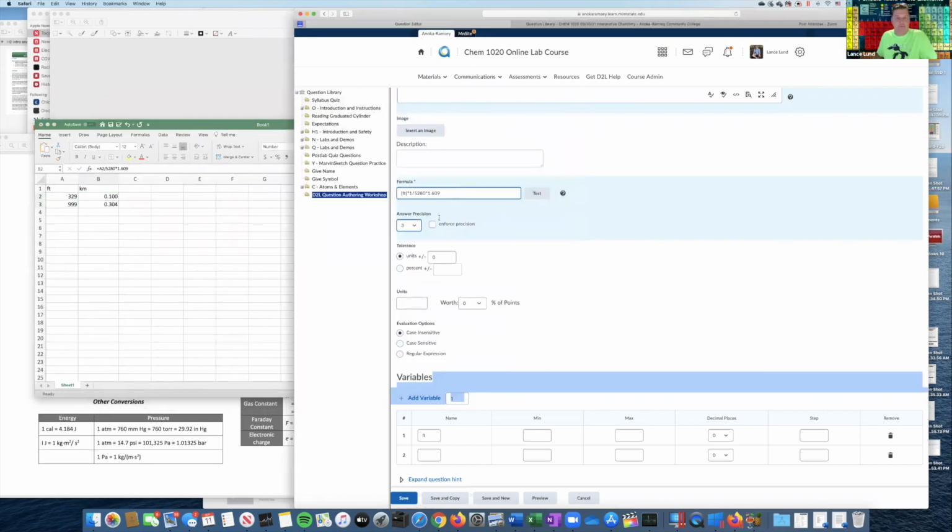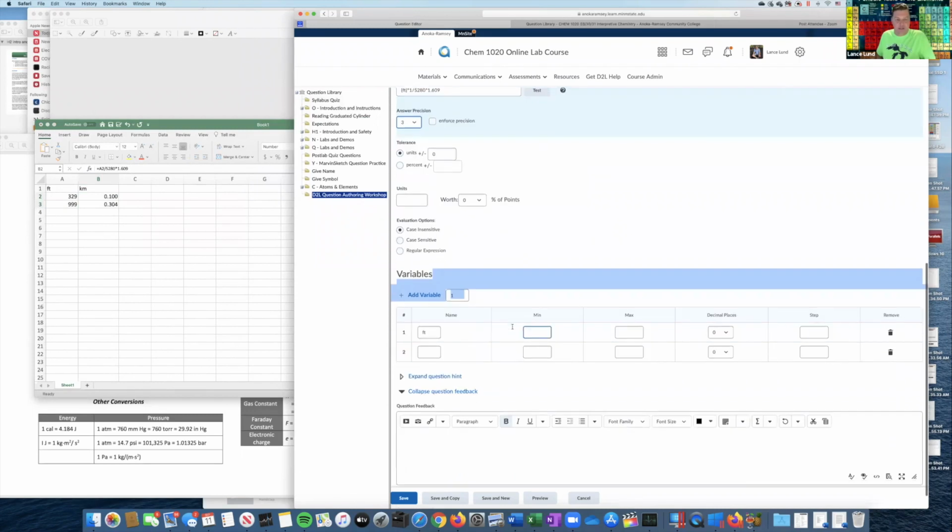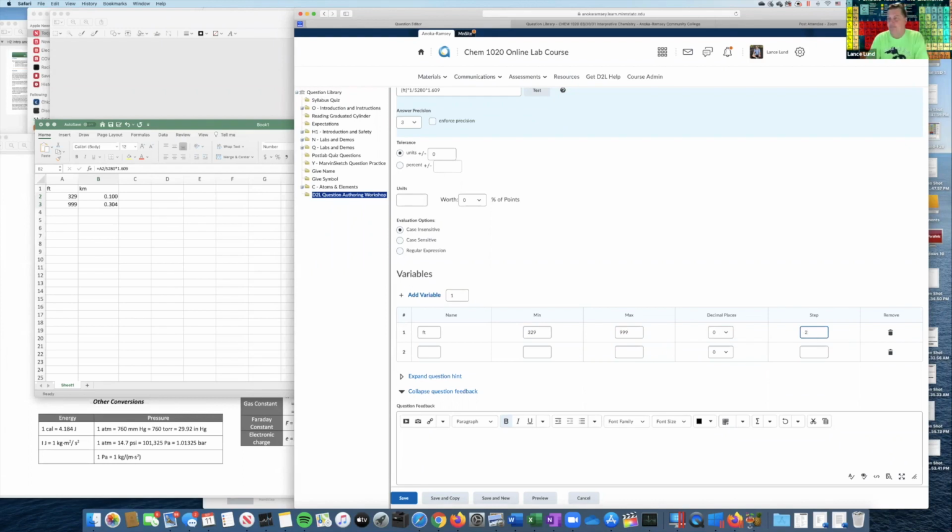Yeah. So then what I do is I would say my range is going to go from 329 up to 999, and it's going to have 0 decimal places. And now I'm just going to have it step by 2. And that way it always forces it to be an odd number, and an odd number is never going to end with 0.